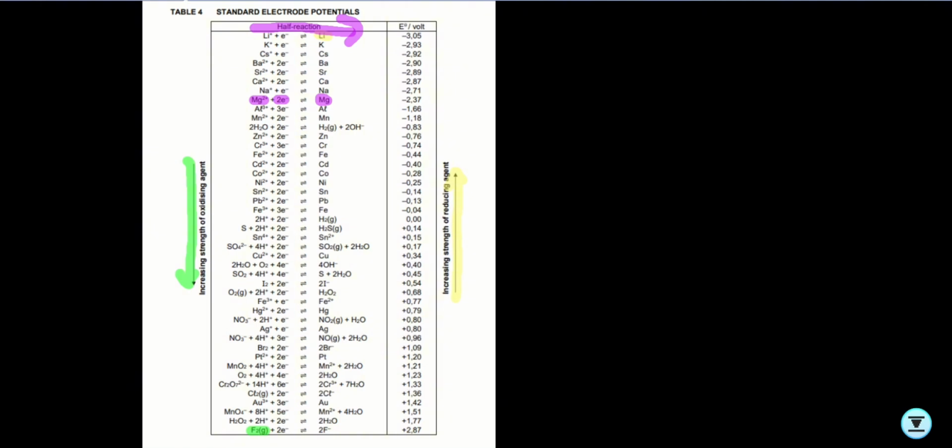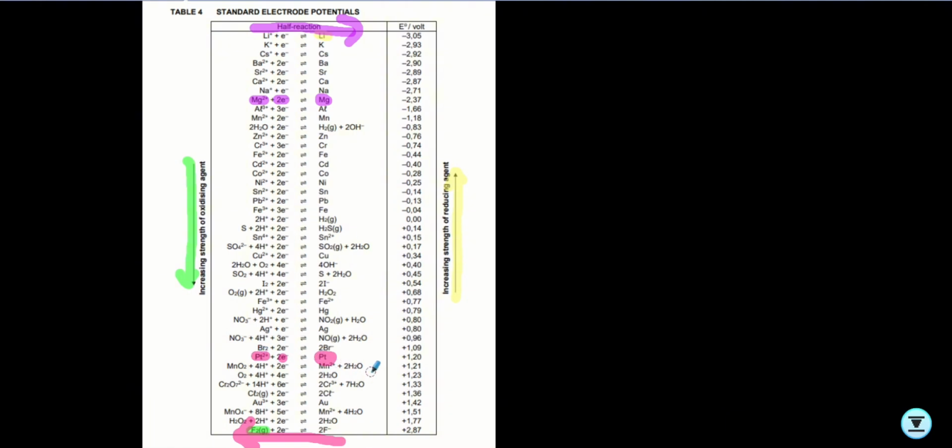Now if I go the other way across my table, this would be an oxidation reaction. That's because I start with some sort of substance, and then that substance loses an electron to then become some sort of ion. So if I look at platinum over here, it starts nicely as a metal, but then it loses its electrons and it becomes platinum ions, right?